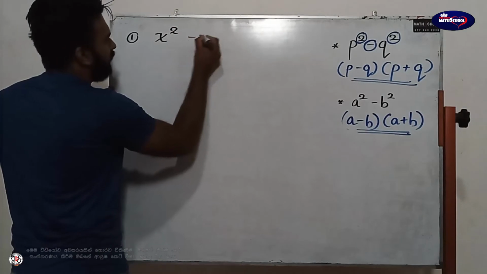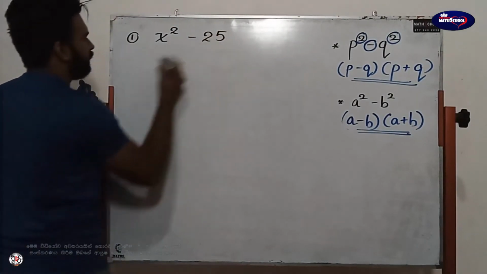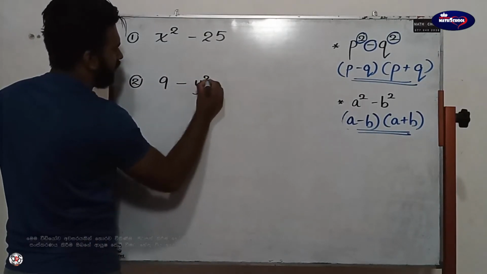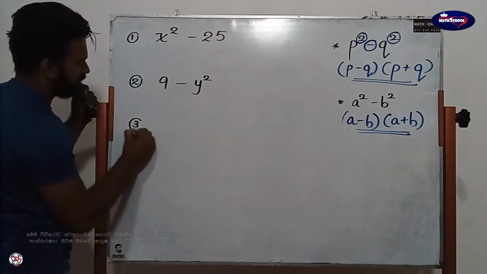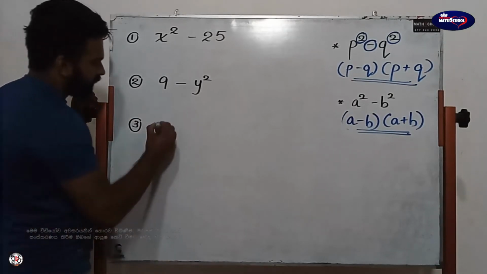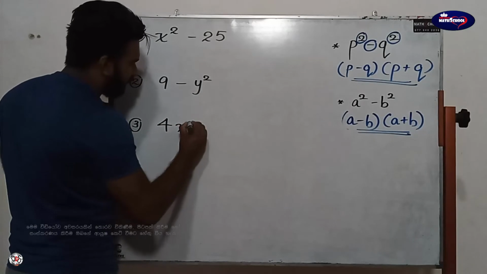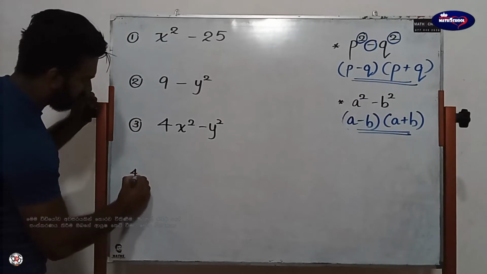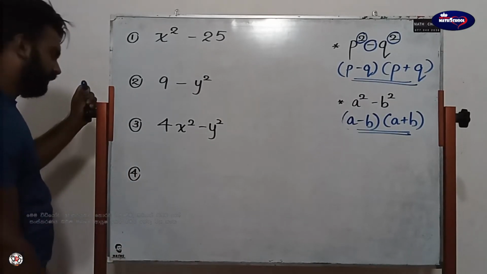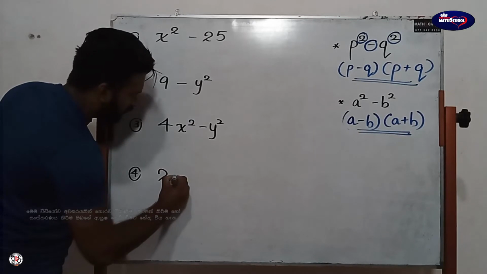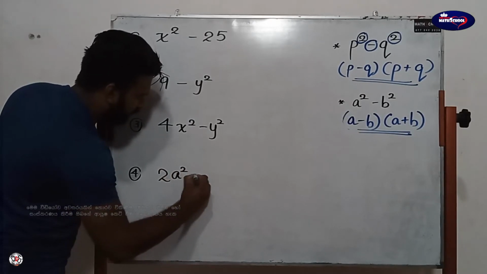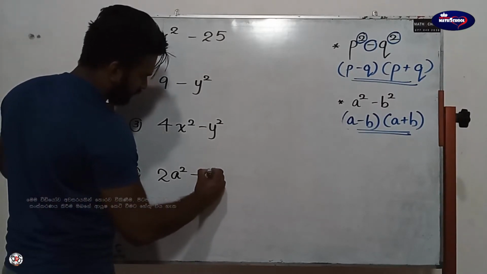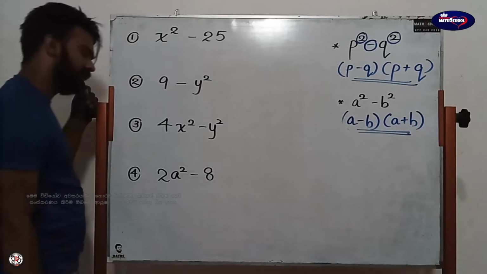x squared minus 25. 9 minus y squared. 4x squared minus y squared. 2a squared minus 8.